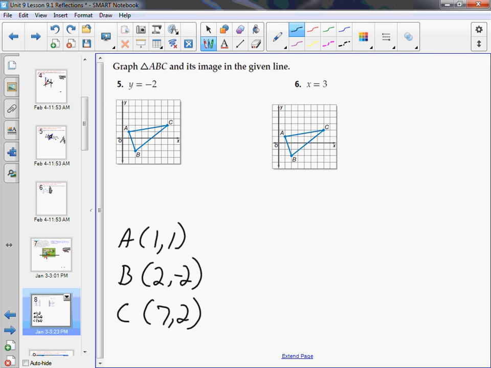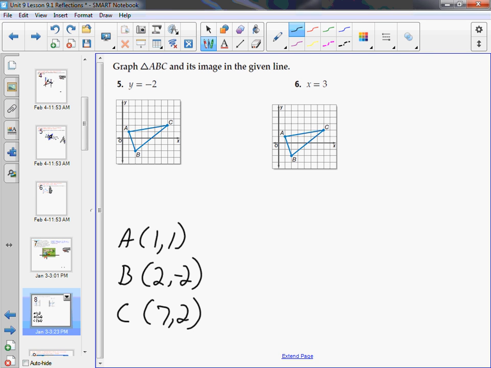All right, now, here's the nice thing about a coordinate plane. It's already got perpendicular lines, and it's easy to measure because all you have to do is count spacing. We're going to be doing the same thing we just got through doing with our compass and protractor, but now it's easier to measure.